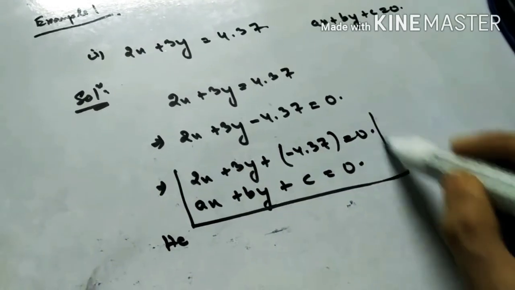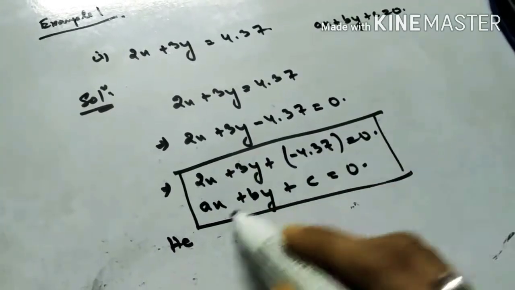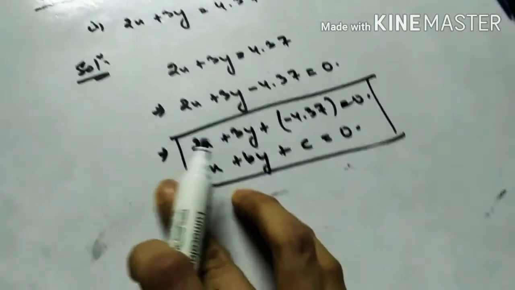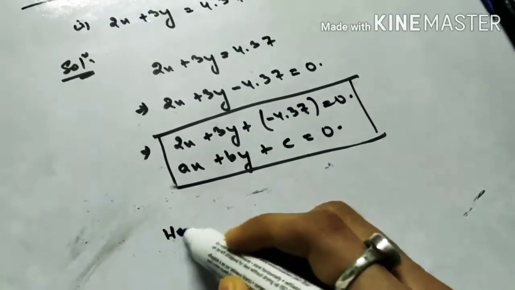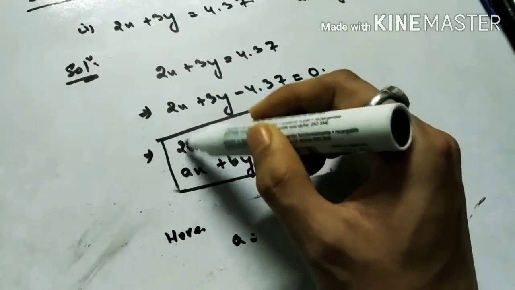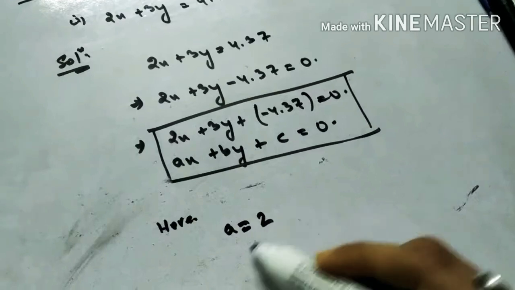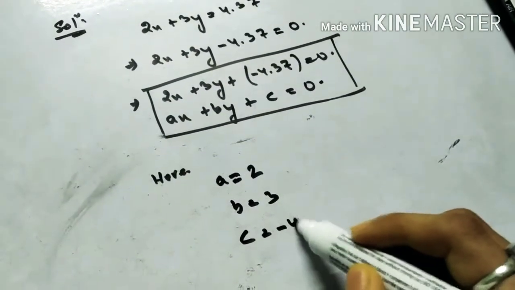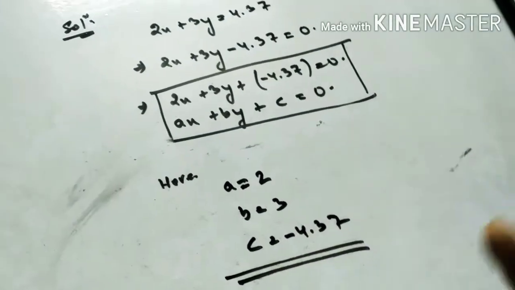If you match them, here a will be 2, b is equal to 3, and c is equal to minus 4.37. This is our answer.